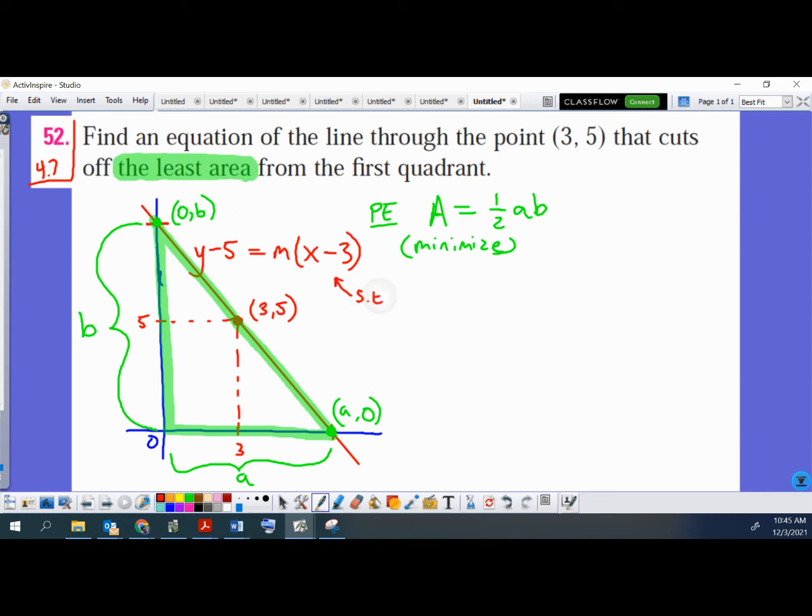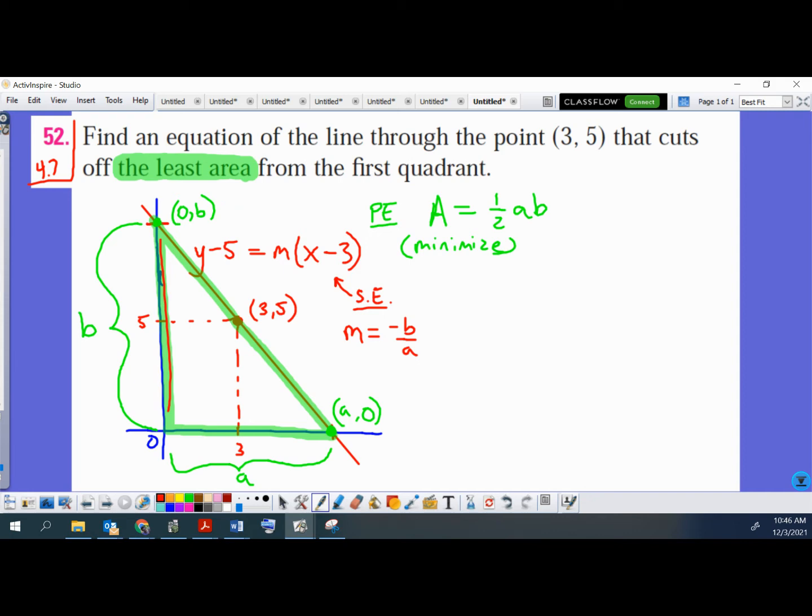I'll just write SE for that, meaning I'm going to use it to help me eliminate a variable in my primary equation. And another secondary equation is this fact that M is equal to negative B over A, right? Rise over run. We're dropping B units and going to the right A units. Negative slope, obviously. So that might be helpful there as well.